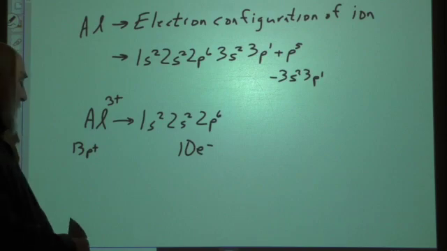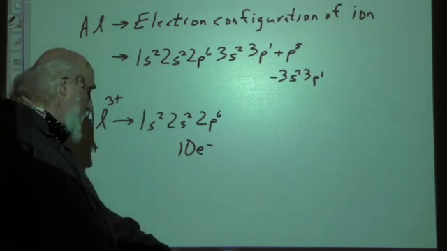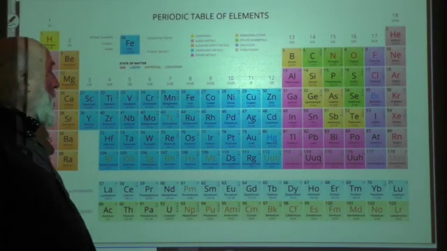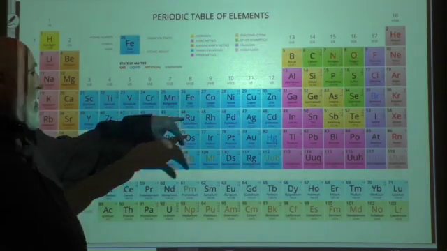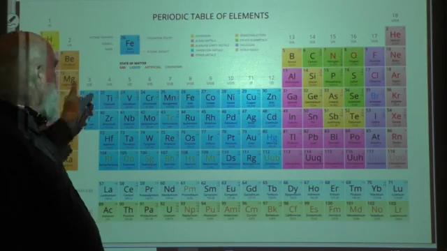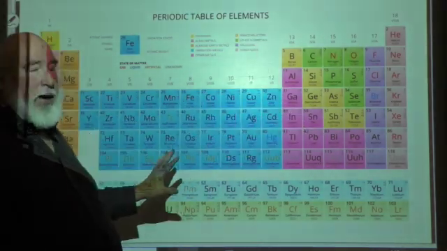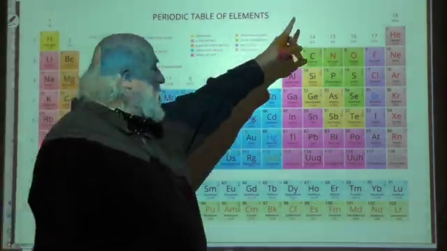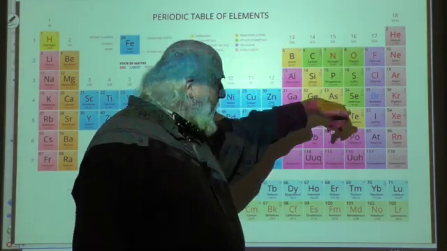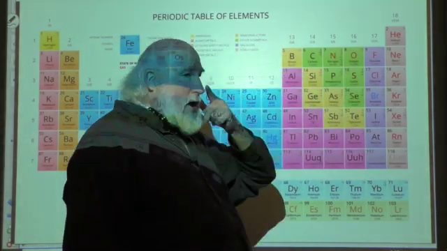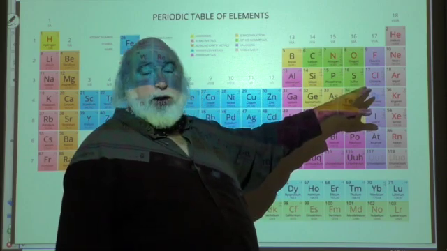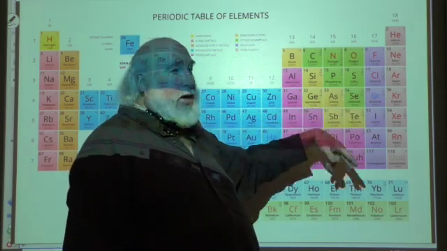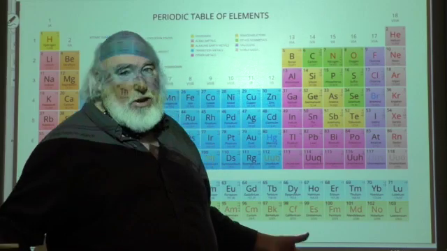Now, let's take a look at something rather interesting here. Get back to the periodic table. We have sodium and we have aluminum. Sodium and aluminum are both metals and they turned out to be positive. Sulfur is a non-metal, because here's your staircase right here. This is on the right side of the staircase. That'll be a non-metal, and non-metals are negative because they have lots of electrons in the outermost level.